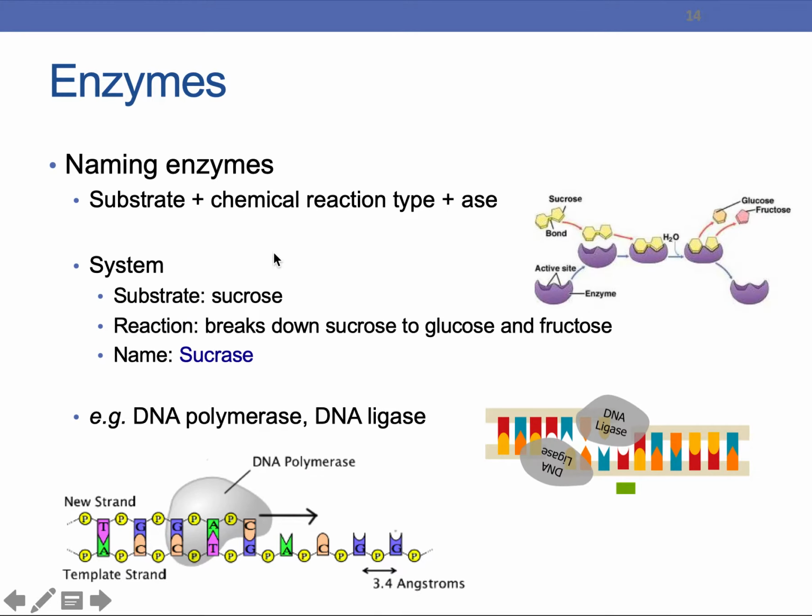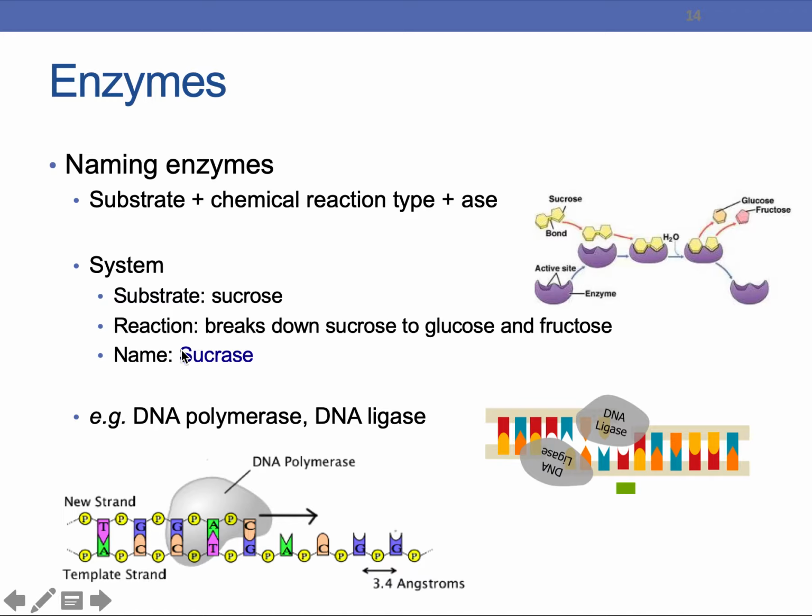How enzymes are named gives us a lot of information about what substrates they catalyze, what type of reaction they catalyze, and you have the 'ase' that is attached telling you it is an enzyme. So for instance, sucrase is an enzyme.